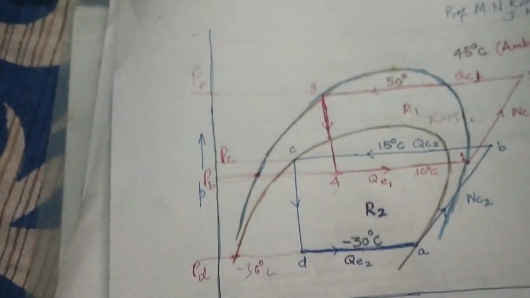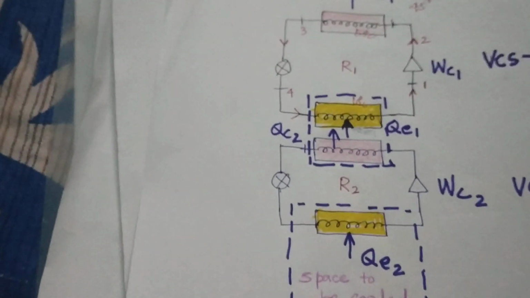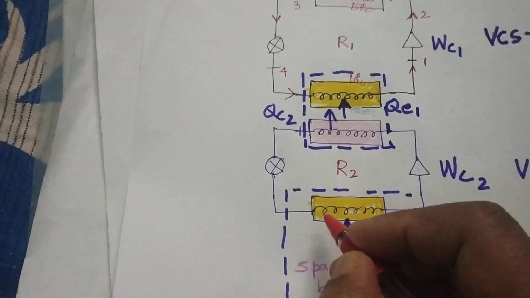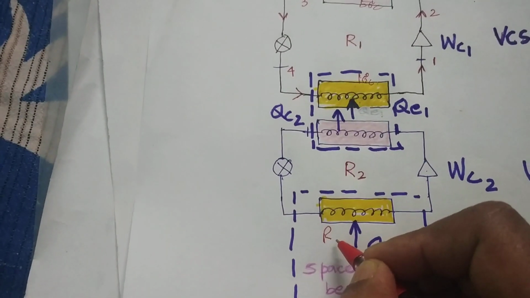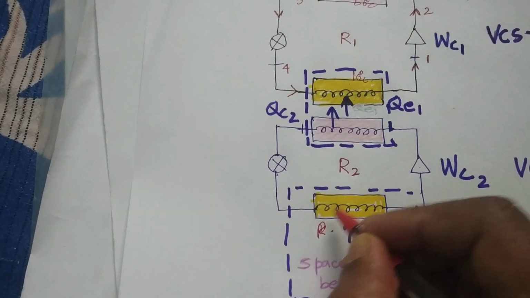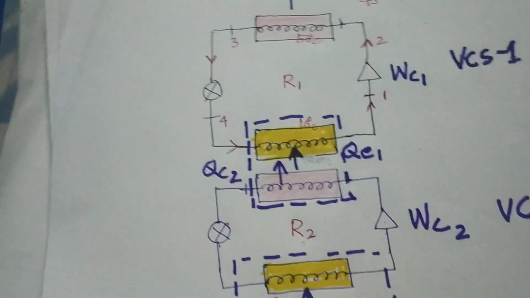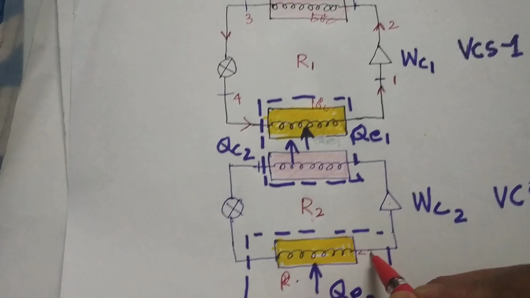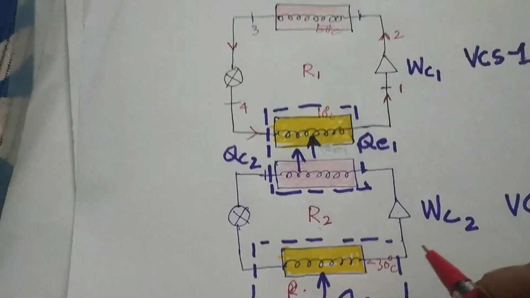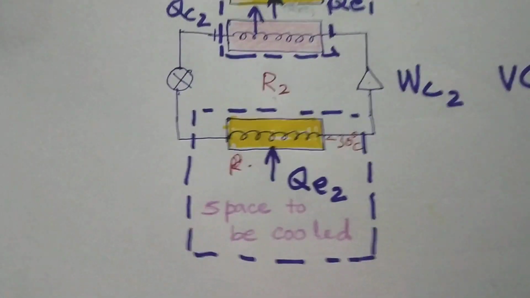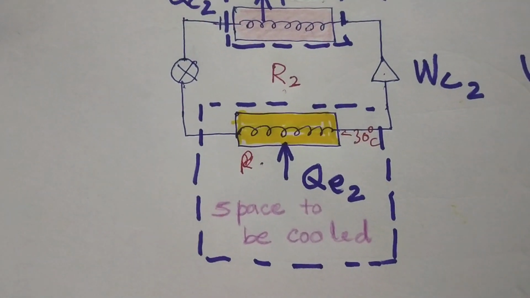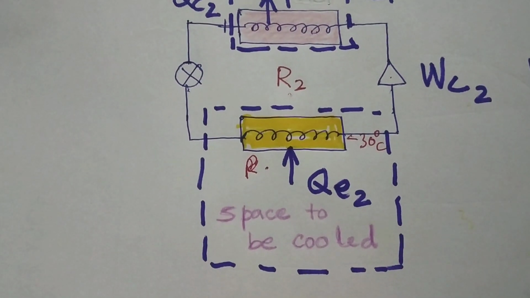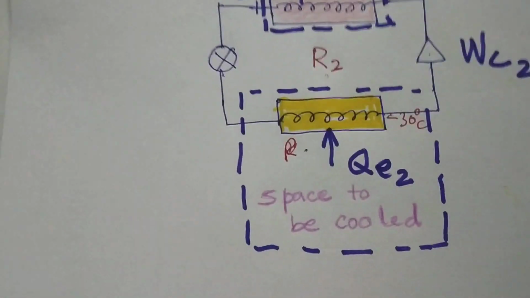So what will happen is, refrigerant number 2, R2, will be absorbing heat from anything which is higher than minus 30 degrees centigrade. So anything at minus 25 degrees centigrade, a space to be cooled.